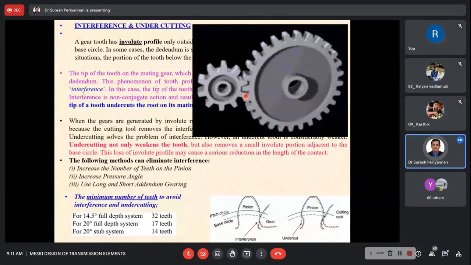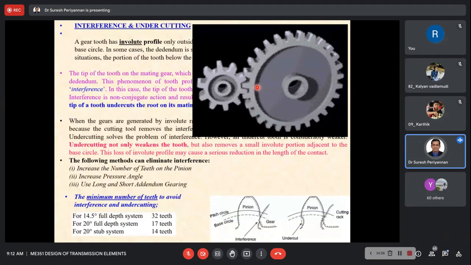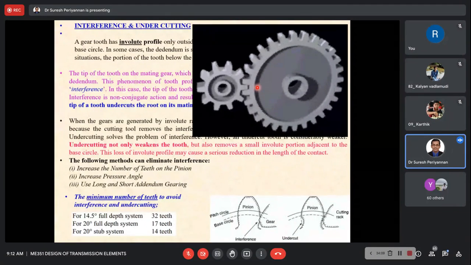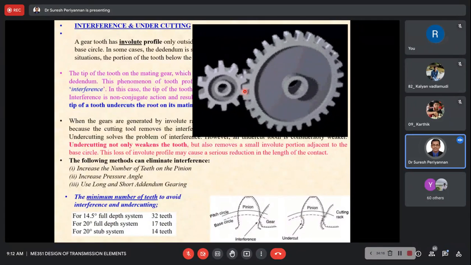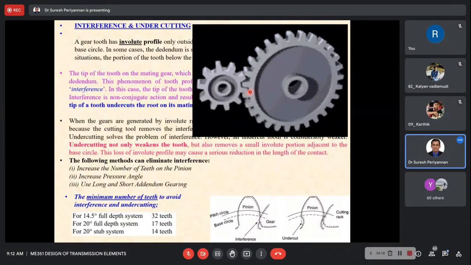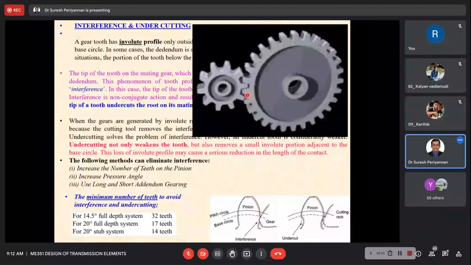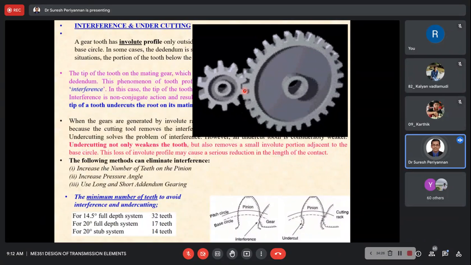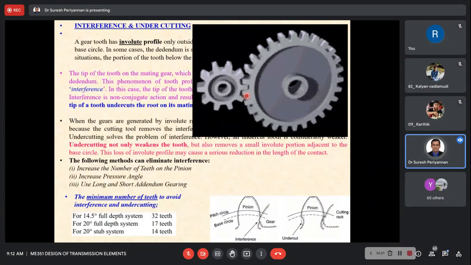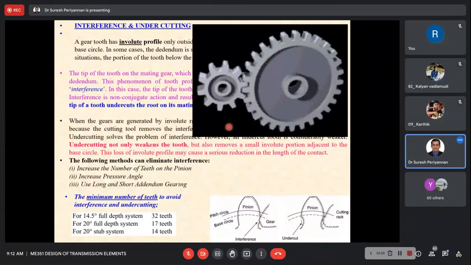Hence, the arc of contact is the arc of the pitch circle through which the teeth move, from the beginning before touching the common point with the gear teeth to the end of the contact. How much distance is covered, that is arc of contact.